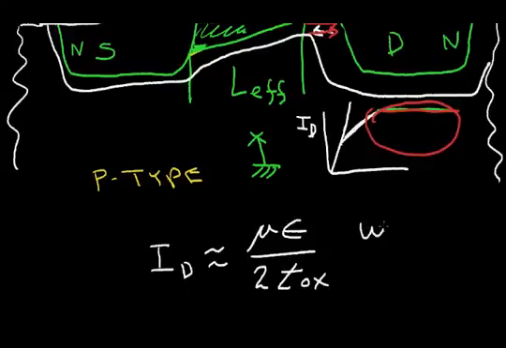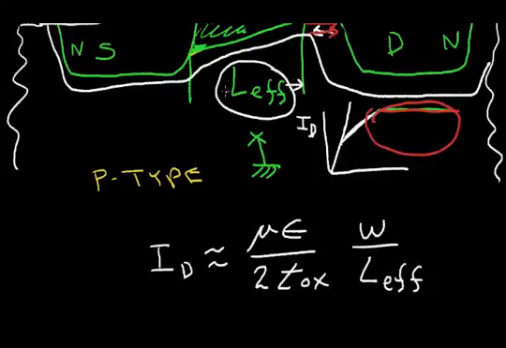This is times the width of the transistor divided by the length effective, L effective, the channel length, which is this term. And that gets multiplied by the V gate to source minus the V threshold. And this term is raised to the second power. It gets squared.